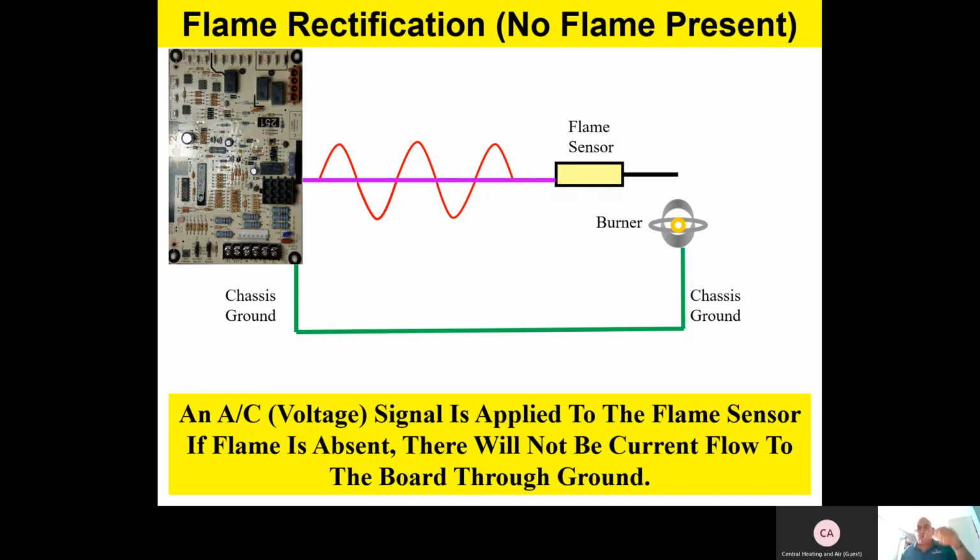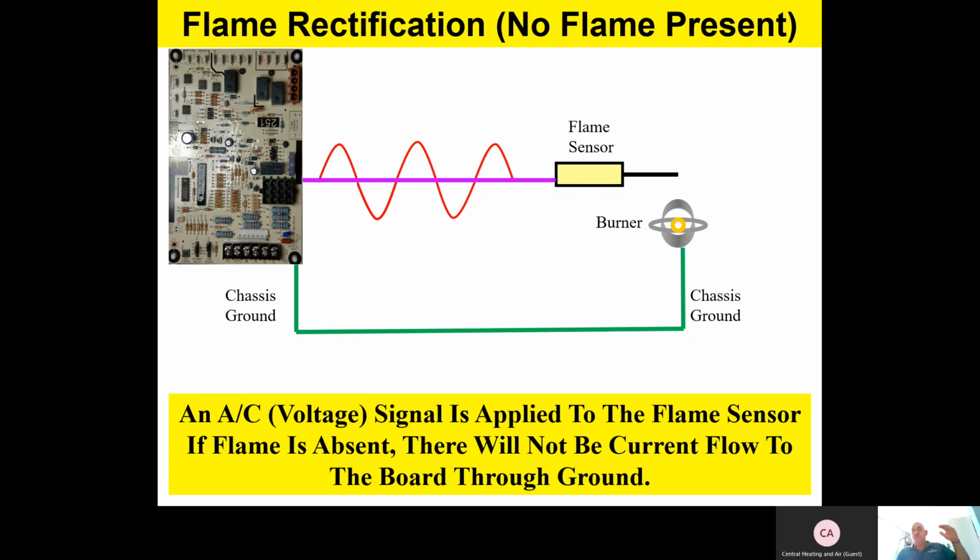If the flame sensor gets shorted out against the burner, or against the cabinet, or bent over and touches something, it's not going to burn anything up, because it has an extremely high resistance. We're talking into the hundreds of millions of ohms. So even though there's 120 volts there, or close to 120 volts, line voltage driven, there's no current flowing through it. So it's still a safe circuit.